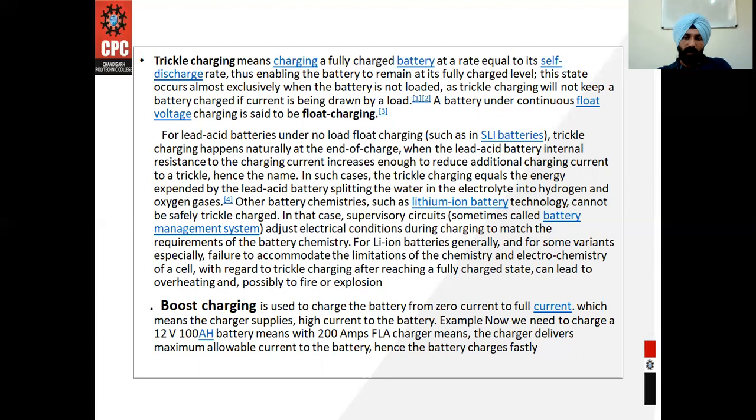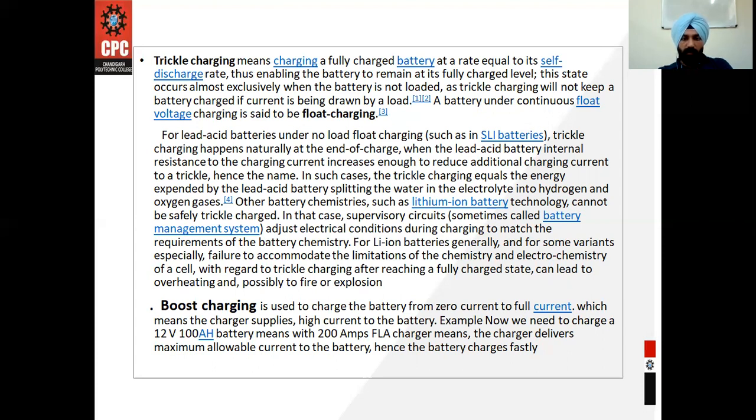When the lead acid battery's internal resistance to the charging current increases enough to reduce the additional charging current to a trickle, hence the name. In such cases, the trickle charging equals the energy expended by the lead acid battery splitting the water in the electrolyte into hydrogen and oxygen gases. Other battery chemistries such as lithium ion cannot be safely trickle charged.